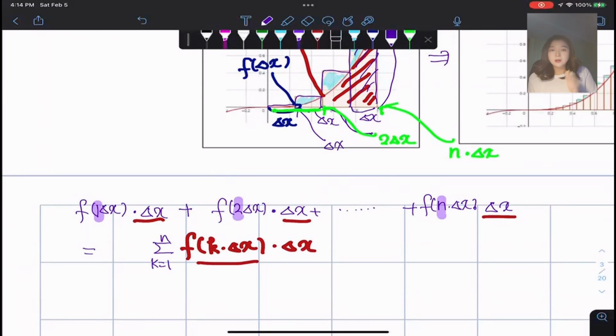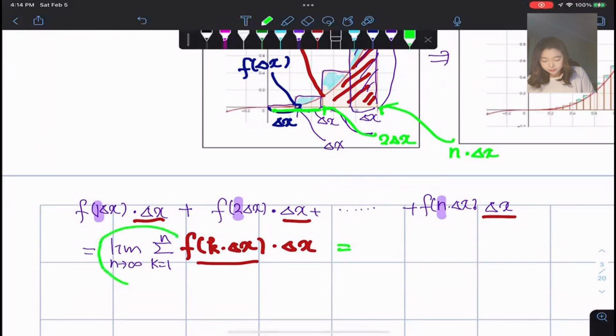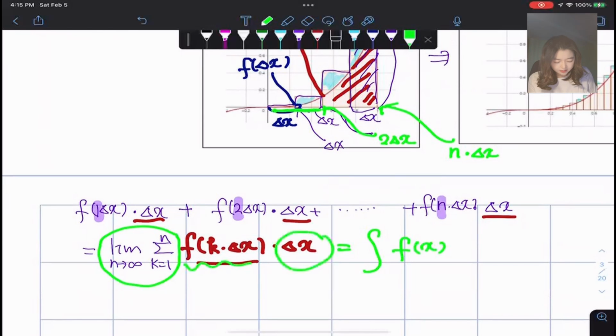The genius mathematicians cut infinitely, so to express this situation, apply the limit like this. These two symbols change into the integral of f(x) dx. This is f(x), this is dx.